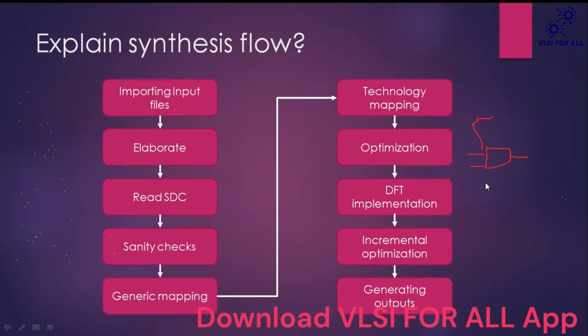A foundry will give that .lib file. In that .lib file, there will be the particular power, how much it will draw, how much delay each input pin and each output pin will generate, and how much capacitance that input pin will have. All this information will be provided by the foundry through the .lib file. So all that information will be mapped to this undergate.